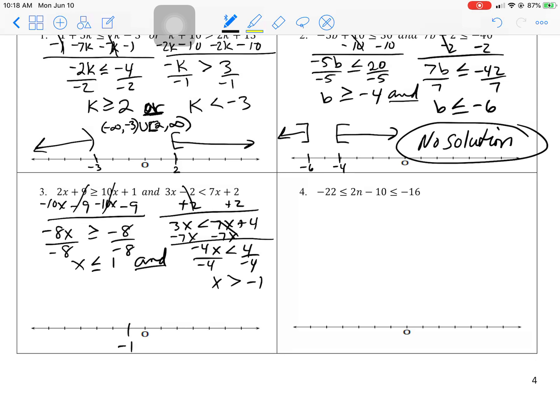So let's see, negative 1, soft bracket greater than, 1 less than or equal to, and it's an and. So we only want the overlap. That's the answer to that one graphically. And then interval notation would be soft bracket, negative 1, 1, the hard bracket.